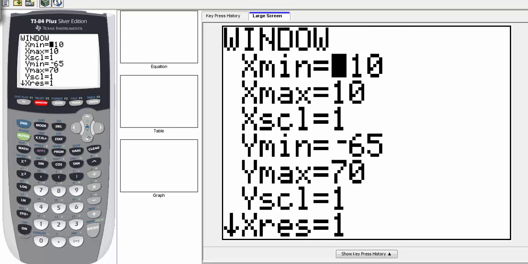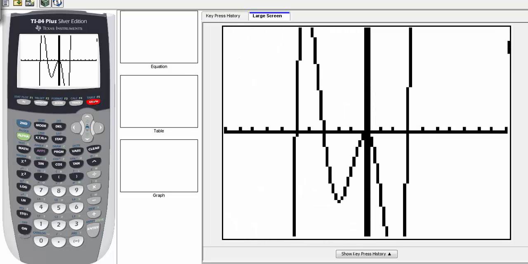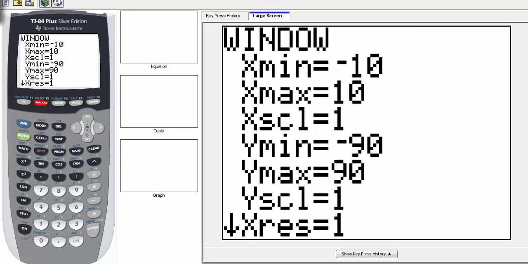So go back and adjust the y. I'll tell you what, let's just make it a negative 90 and a positive 90 and see what happens. All right, still need to go further, so let's go back. Let's go negative 125 and positive 125.